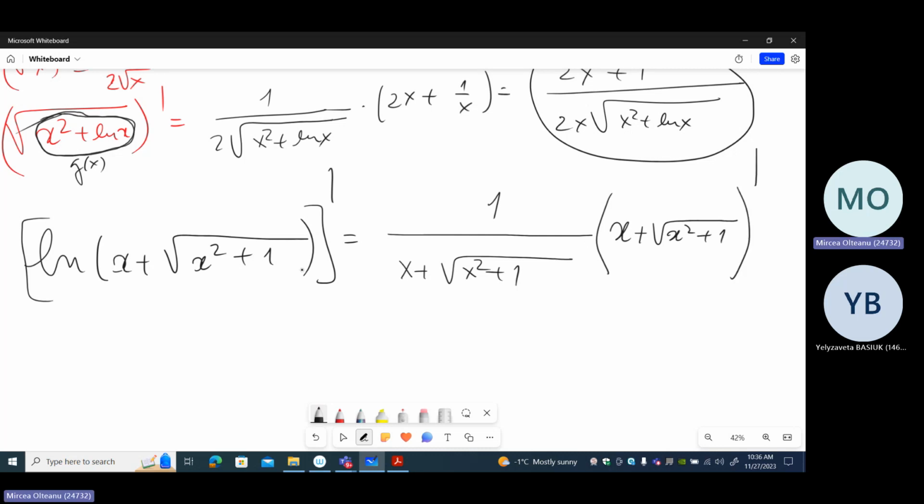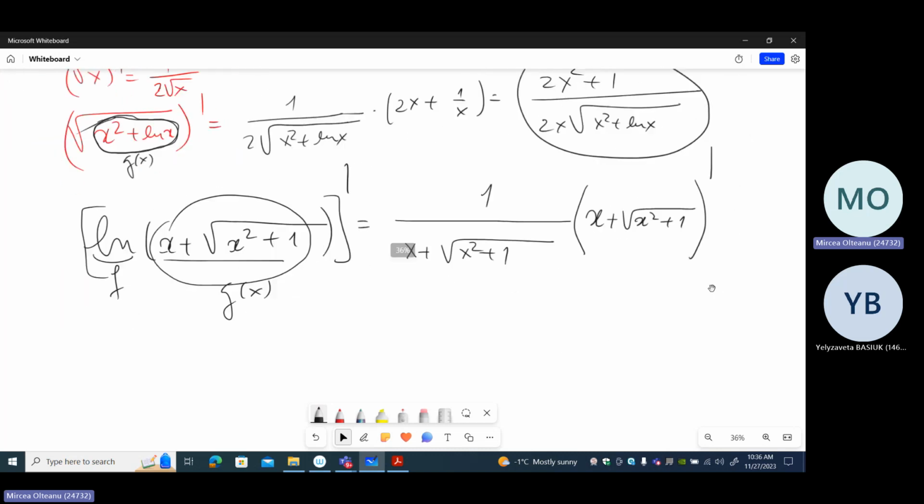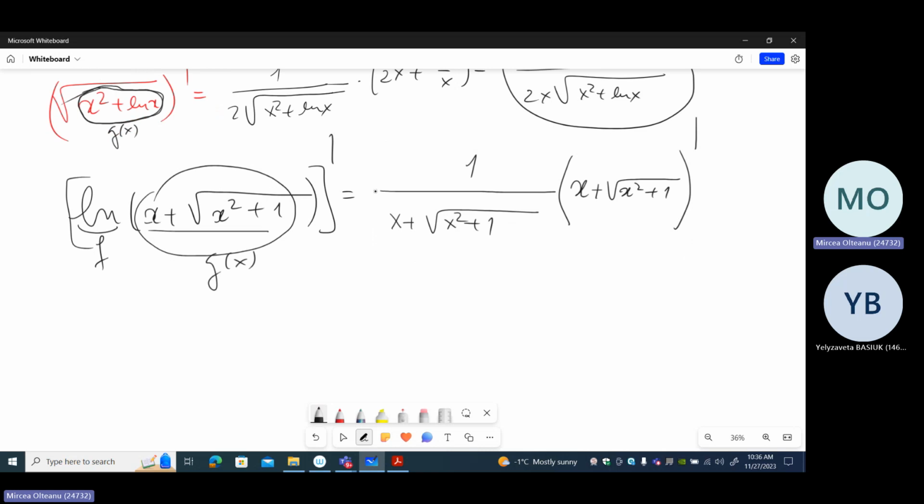This function is g of x from the formula above, and this is the function f. So it is the derivative of the logarithm, 1 over what's written here, times the derivative of what is written inside the logarithm. And now we have another exercise from the beginning. We need to compute the derivative of this function.